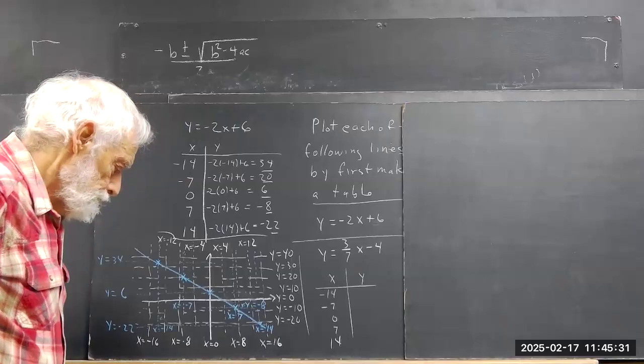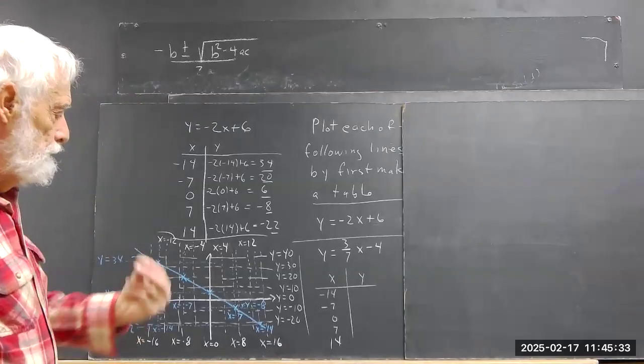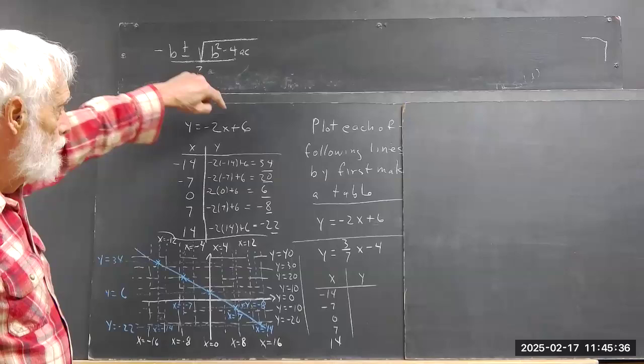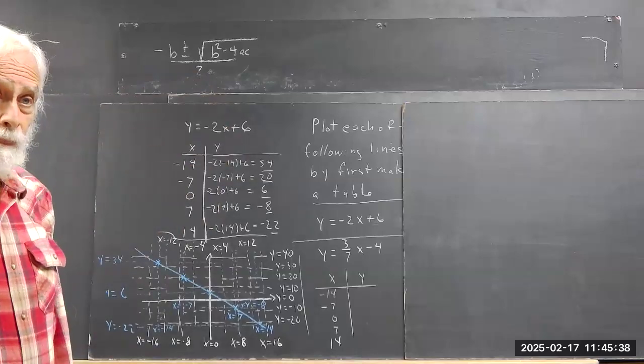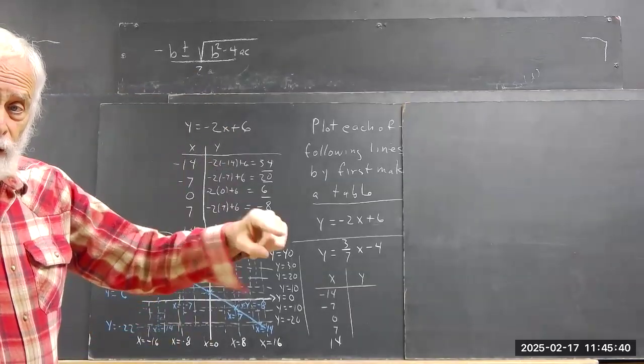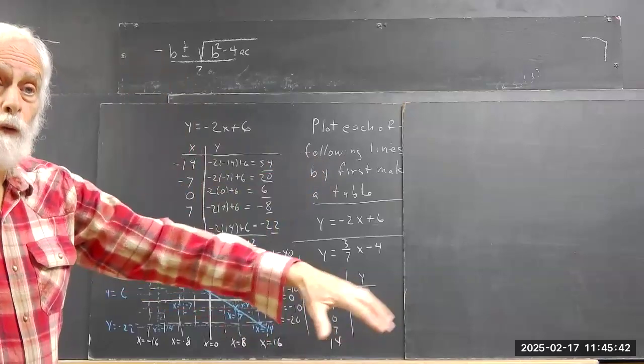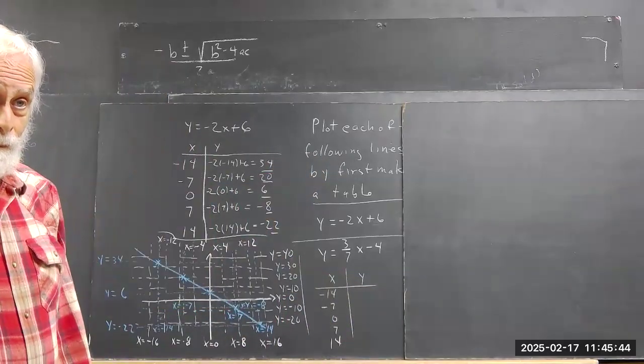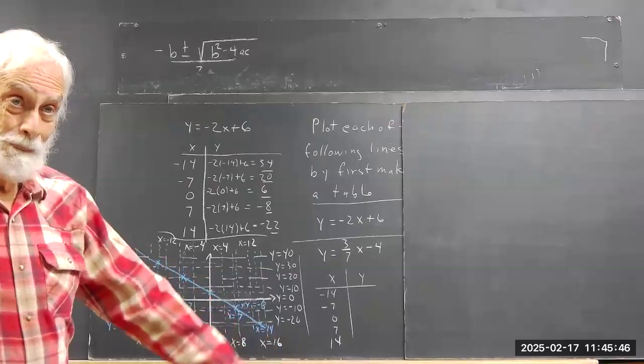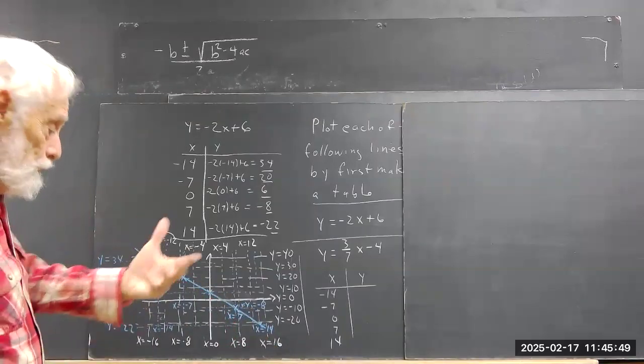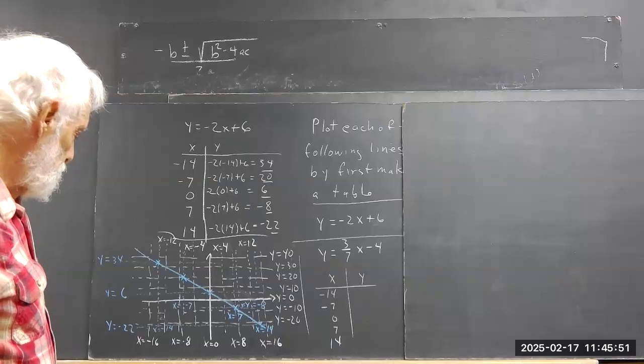And when we're sketching the graph of some equation like this, we don't draw a jagged line from point to point. We try to draw the smoothest curve we can. Now, nothing's smoother than a straight line. So kind of keep that in mind.